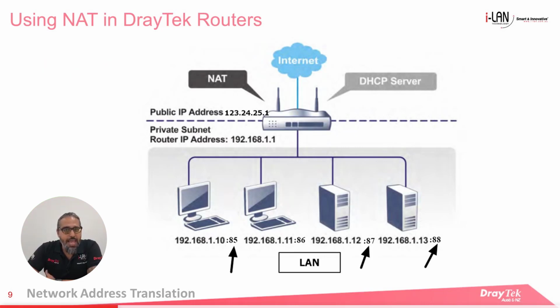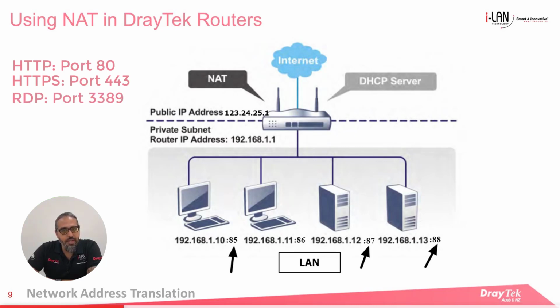You may use any external port as long as it isn't already in use by another device on the network, bearing in mind some ports are reserved for special purposes. For instance, HTTP uses port 80, HTTPS uses 443, and RDP uses 3389.